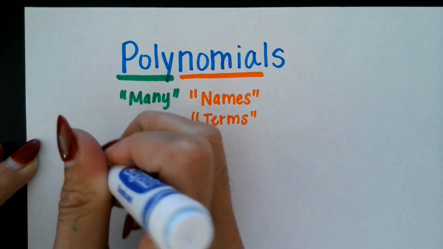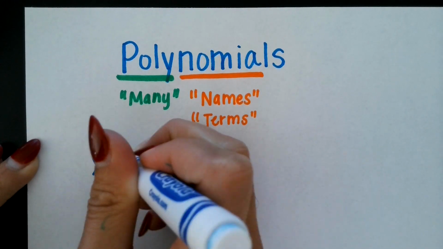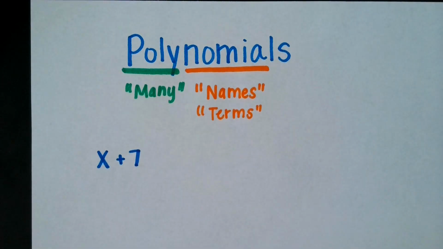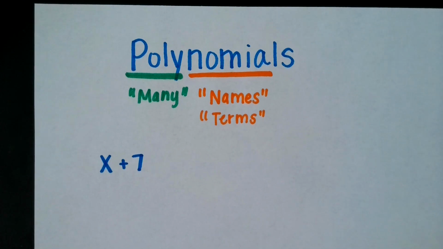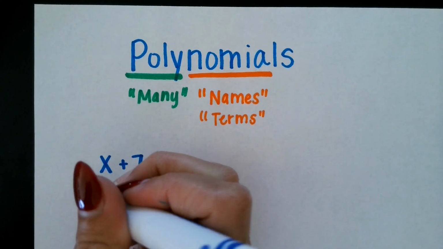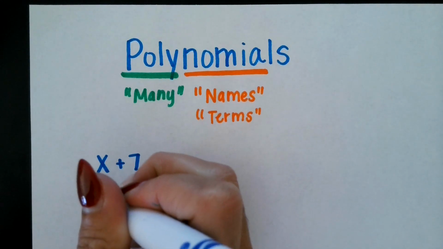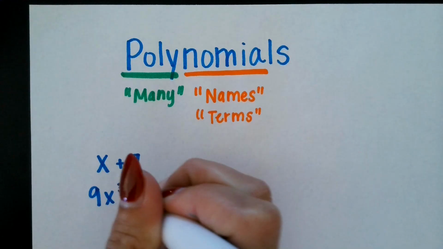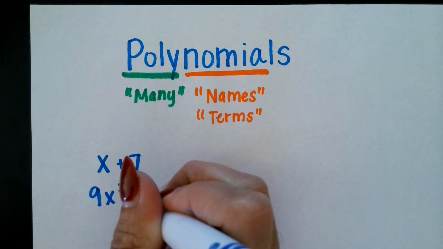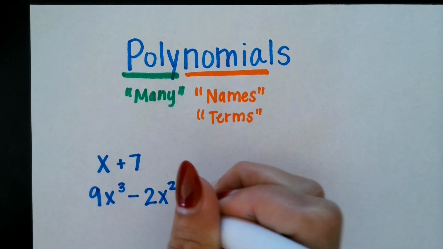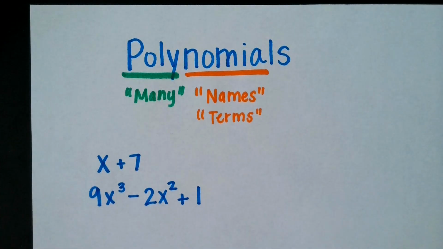All right, so x plus 7, right? That's actually a polynomial. All right, so is 9x to the third minus 2x squared plus 1.